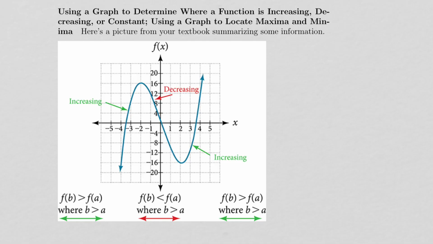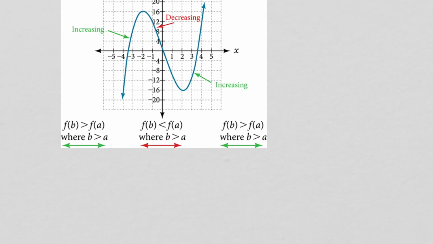Okay, so let me write that down here. So let's use black. So f is increasing on the interval negative infinity to -2.